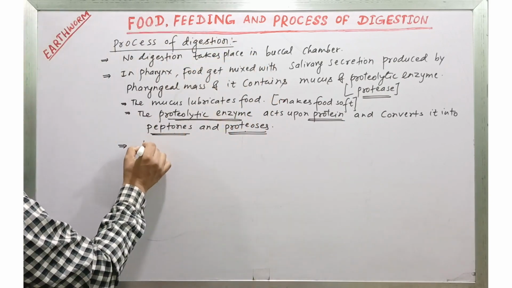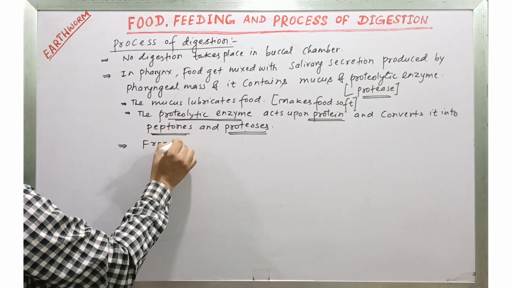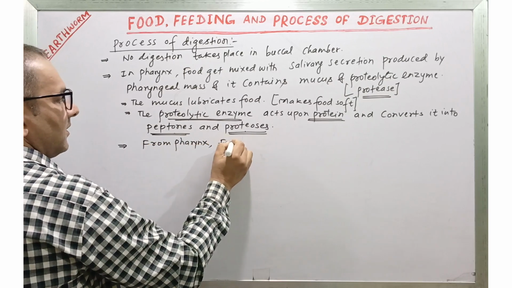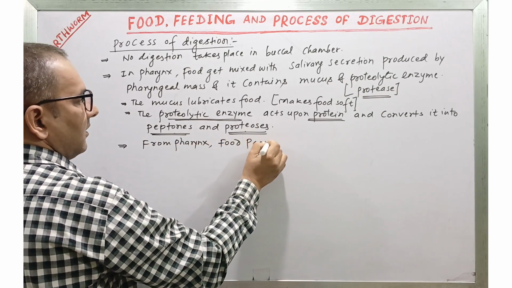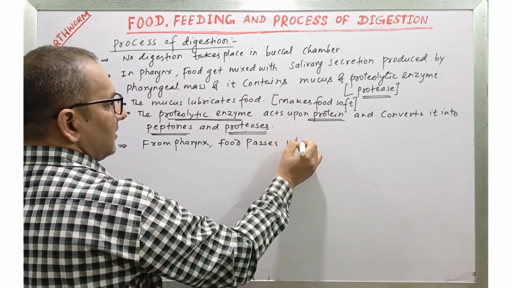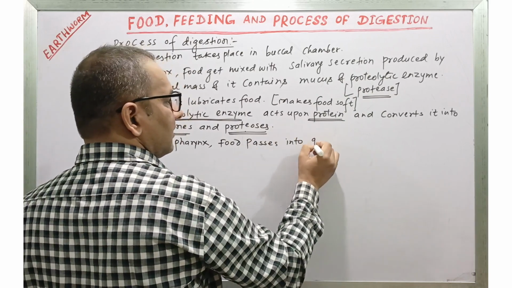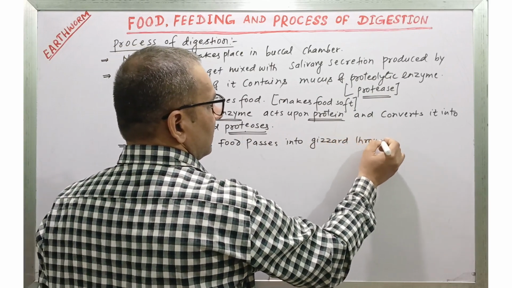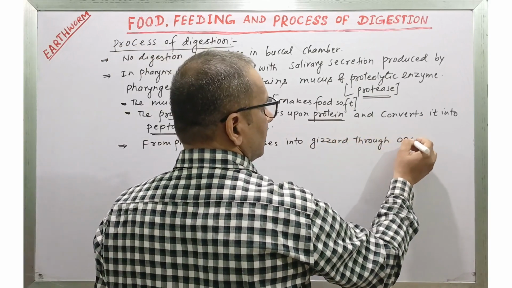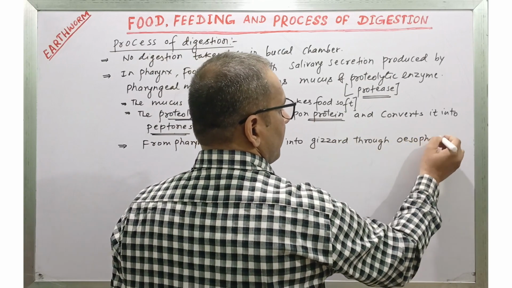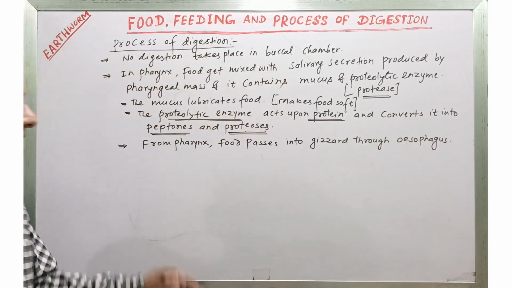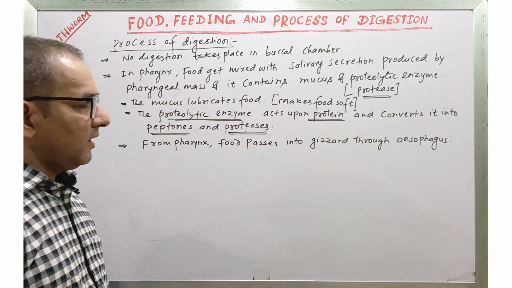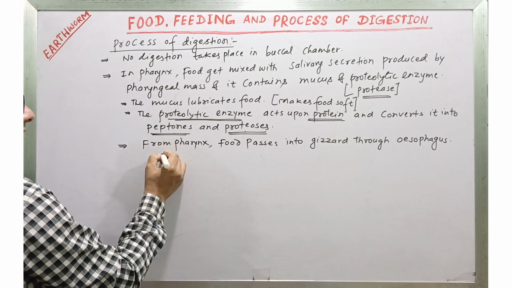Look here, from pharynx, food passes into gizzard through esophagus, and what we have to know is that food moves by peristalsis.